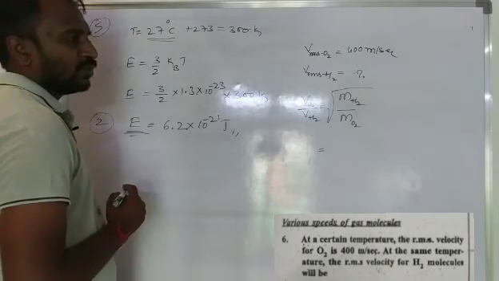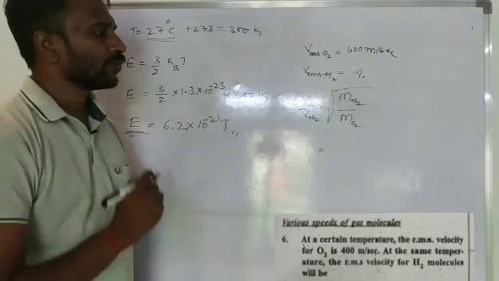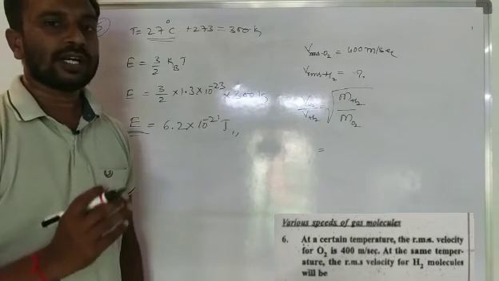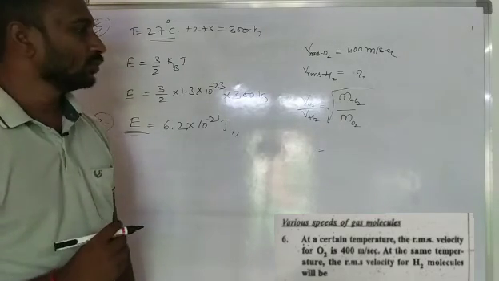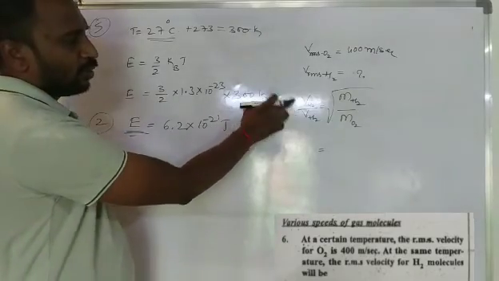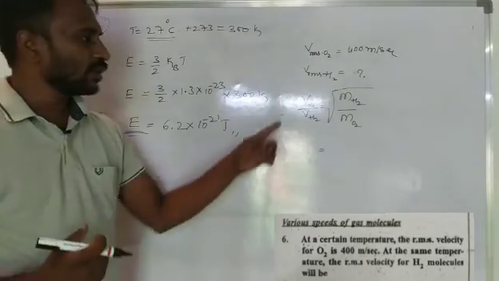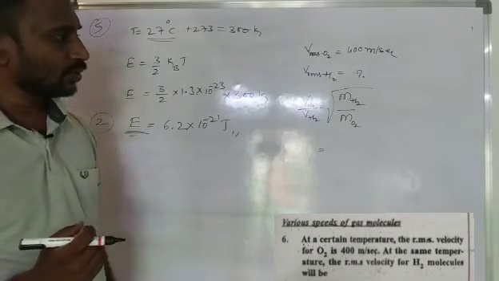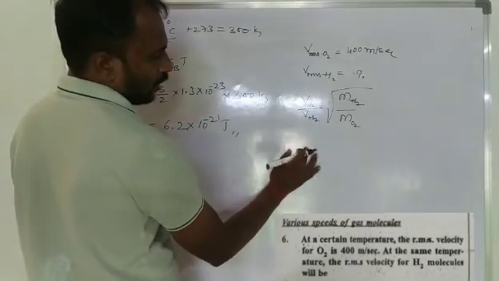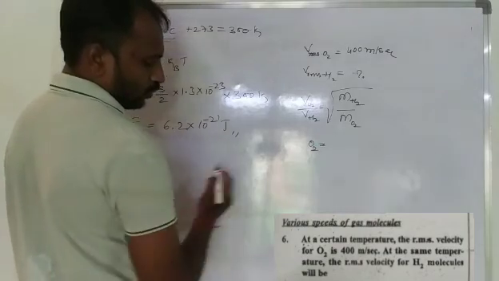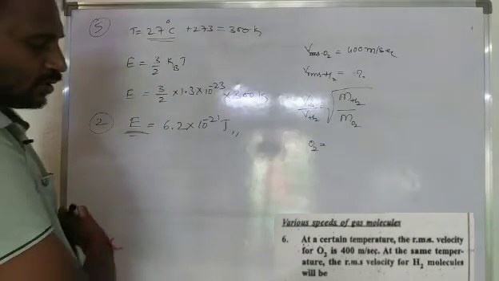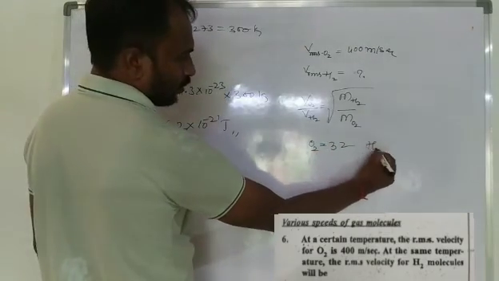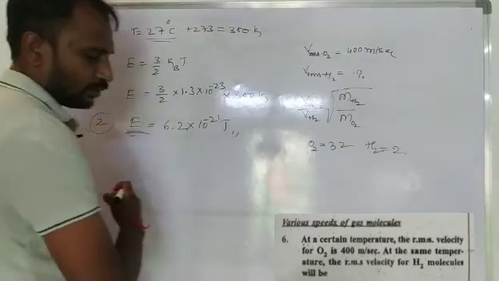You already know that RMS velocity is equal to the root of 3 by 2 kB T divided by m. By using that formula, the molecular mass of O2 is 32 and H2 is 2.